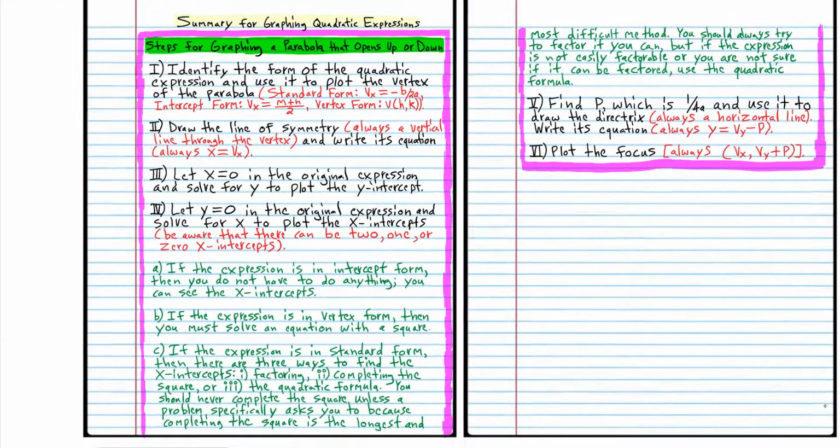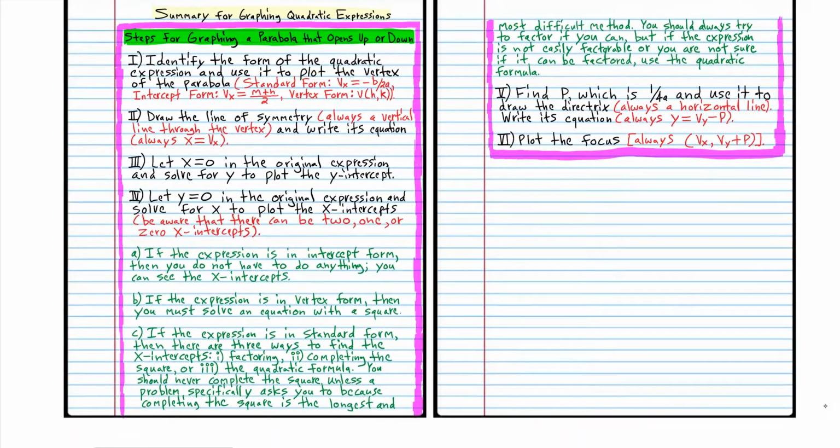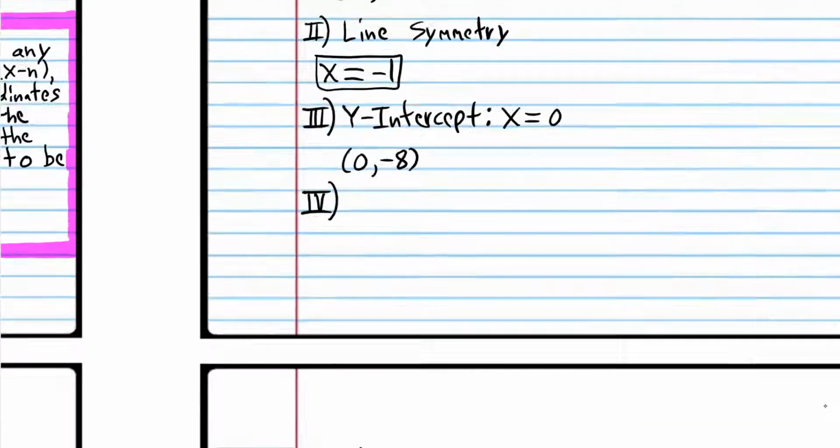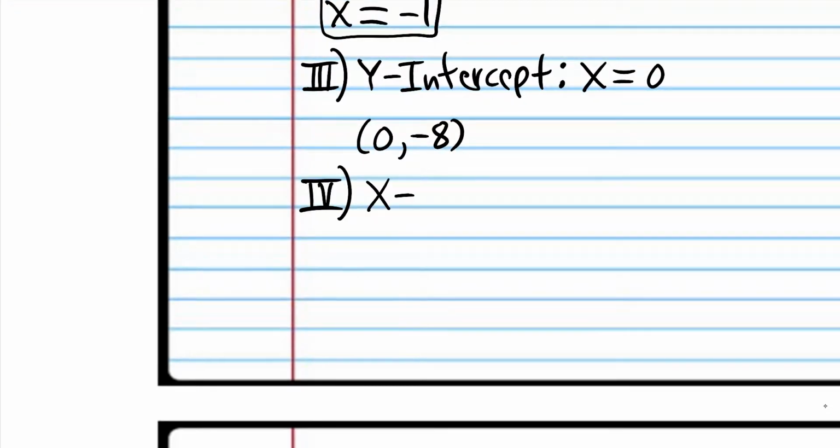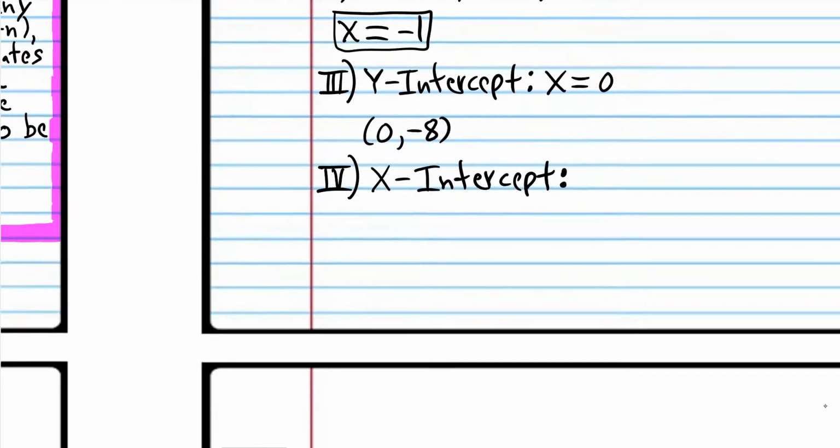So now we're going to step 4. Step 4 is we're going to let y equal 0 to find the x-intercepts. Now this step can be a little involved, so you need to be prepared to do some math on this step. Turns out this problem is going to be factorable.